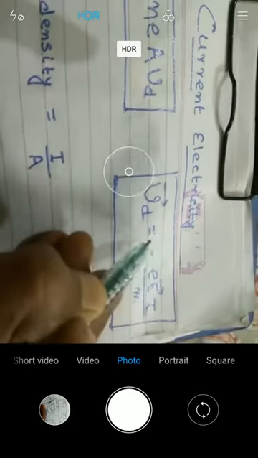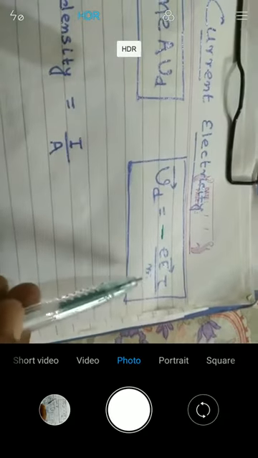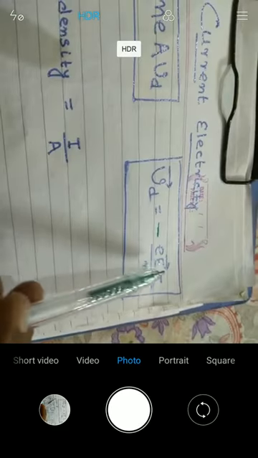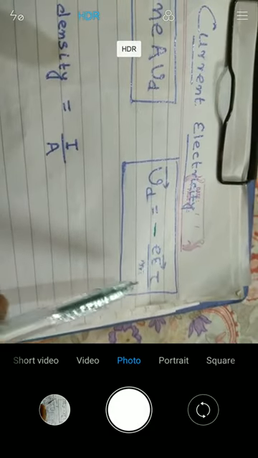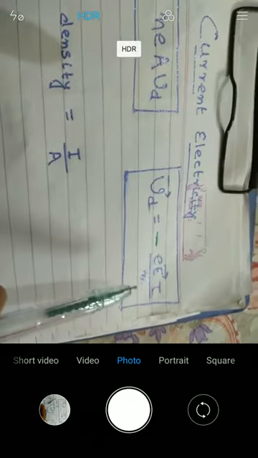Again we have derived the formula for drift velocity, that is minus eEτ by m. E was electric field, τ relaxation time, and m mass of electron.